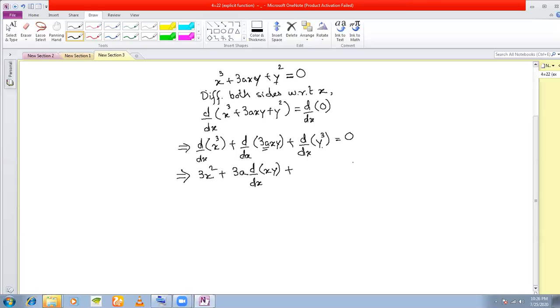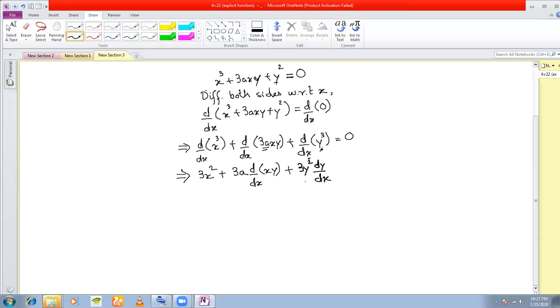So in this case, remember this step: when you are differentiating a function of y with respect to x, you first differentiate it with respect to y to get 3y square, right? And then you multiply it with dy dx. Understood?